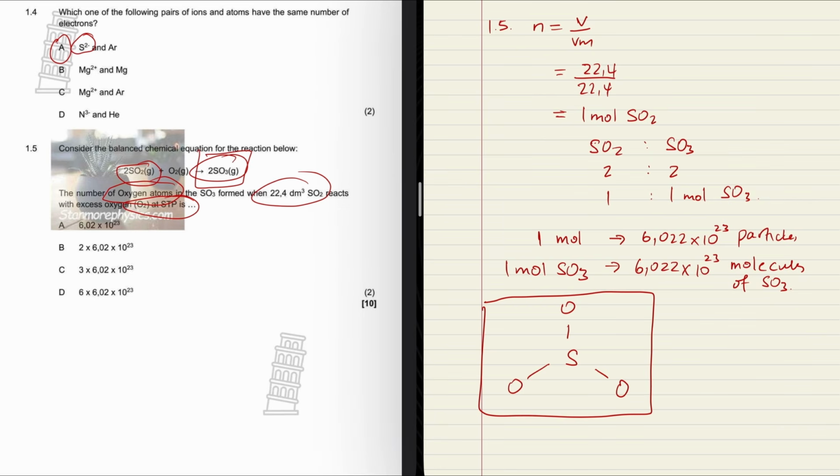So in order to get the number of oxygen atoms, we're going to multiply the molecules by 3. So the atoms of oxygen is going to be 3 times 6,022 times 10 to the 23. And so that corresponds to C. So the answer there is C.